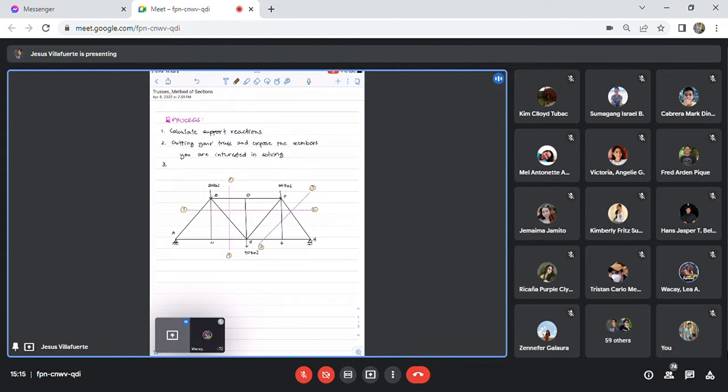For example, in the vertical cut, you pass BD once, BE once, and CE once. When you cut at section 3, 3, you pass EG once, FG once, and FH once, right? Can you get it now?